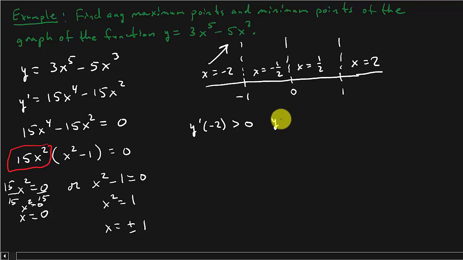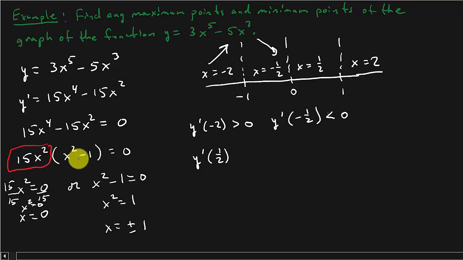And now let's do y prime of negative 1/2. If I plug the negative 1/2 in here, that's going to be 1/4. 1/4 minus 1 is negative. A negative times a positive is negative. And so this is decreasing. And then same thing when I do y prime of 1/2.